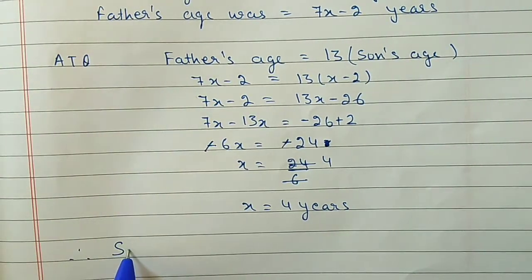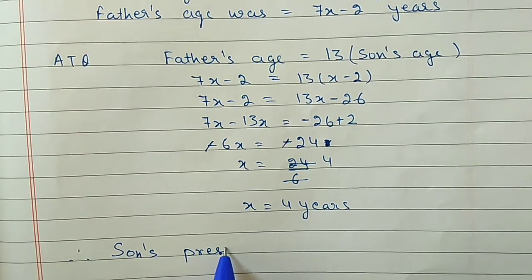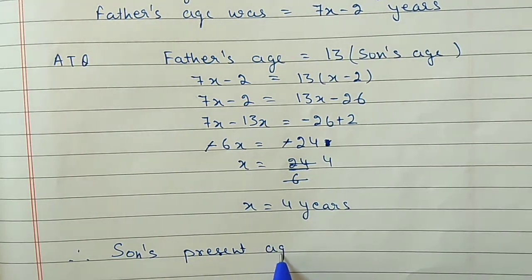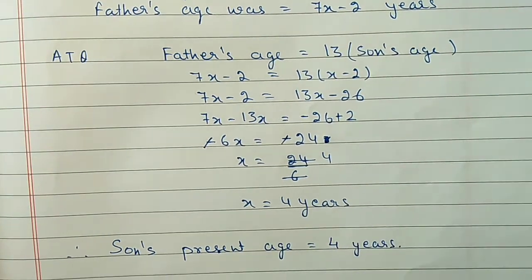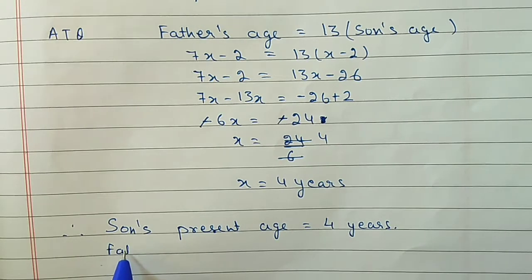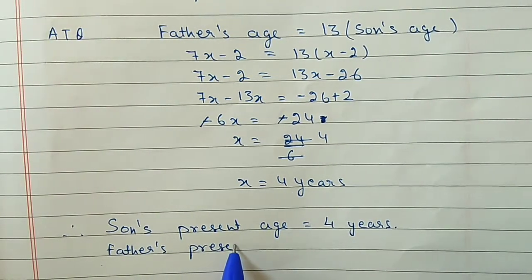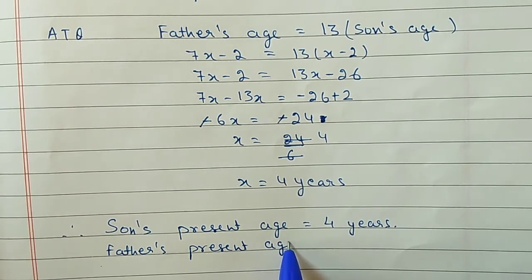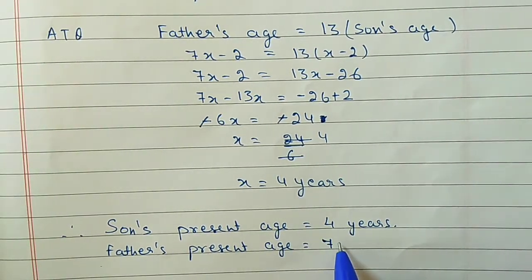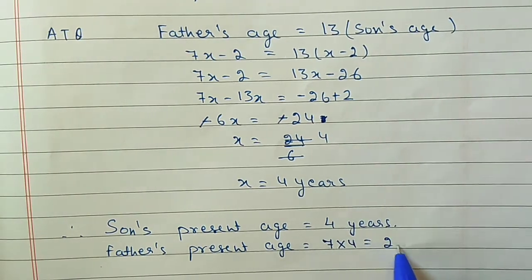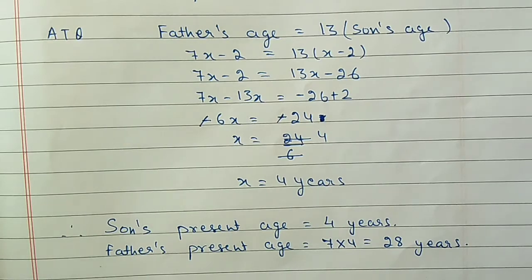Therefore son's present age is 4 years, and father's present age, according to the question, he is 7 times of son. So 7 into 4, 28 years.